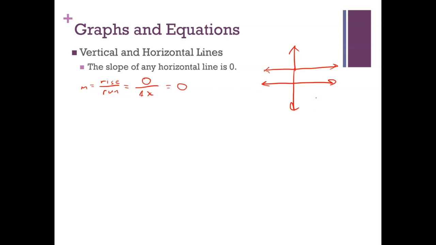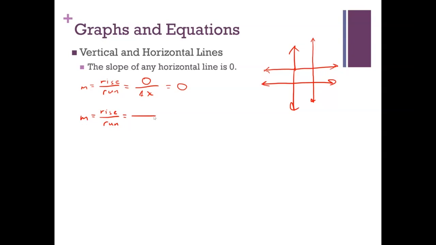But what about a vertical line? How would I talk about the slope on a vertical line? We can still talk about rise over run, but where does the 0 go this time? With the rise or with the run? When we talk about rise, we're talking about changes in the vertical direction, the y direction.